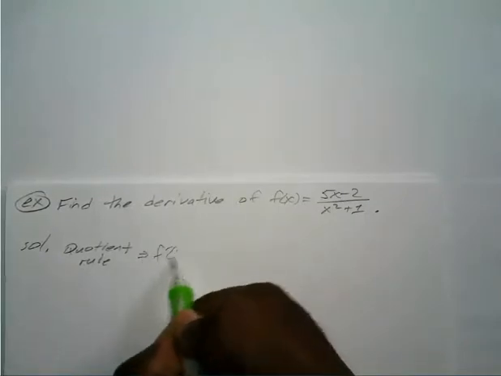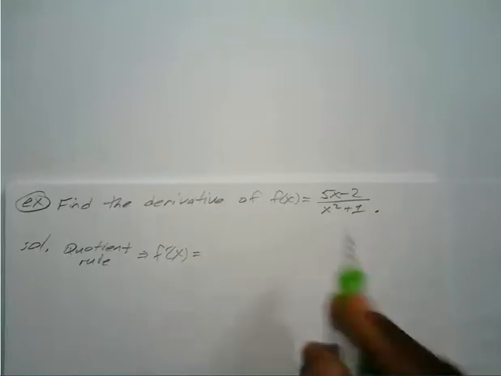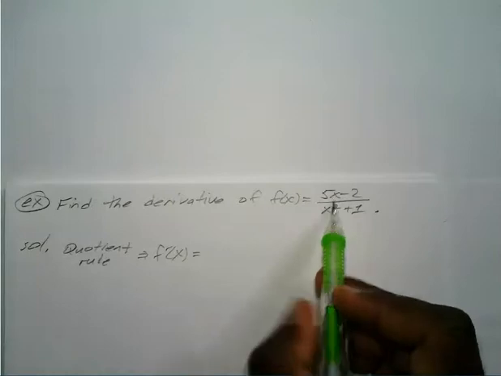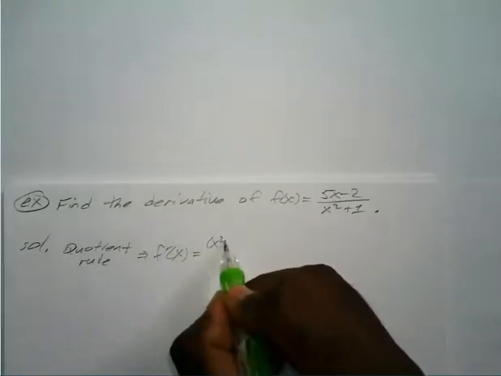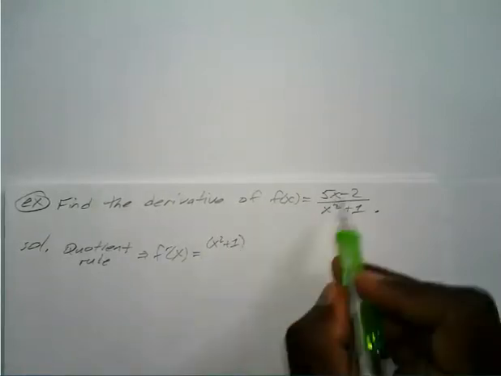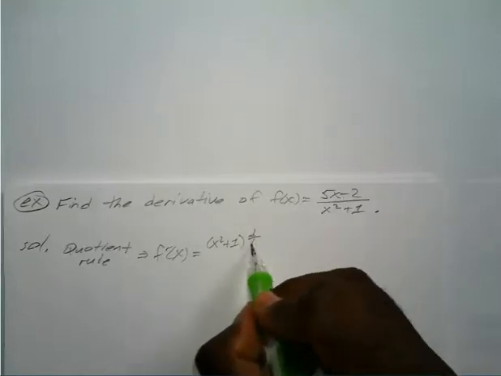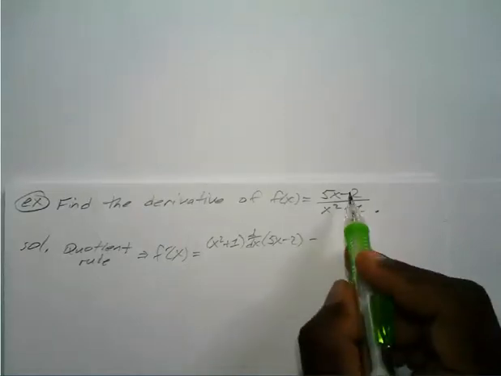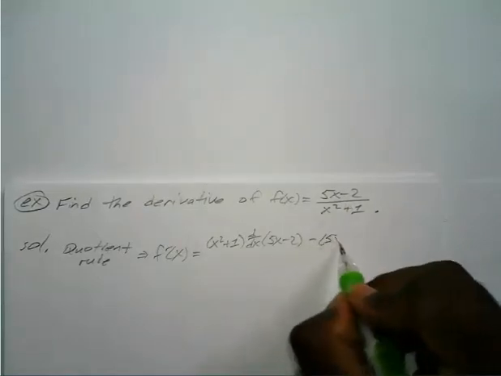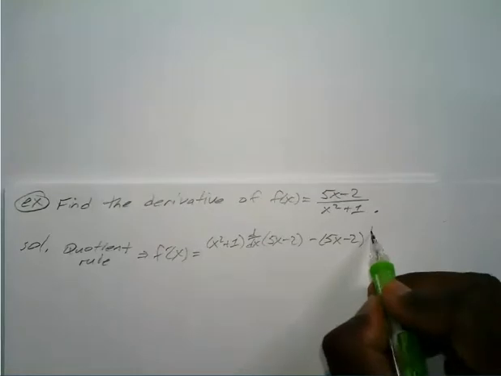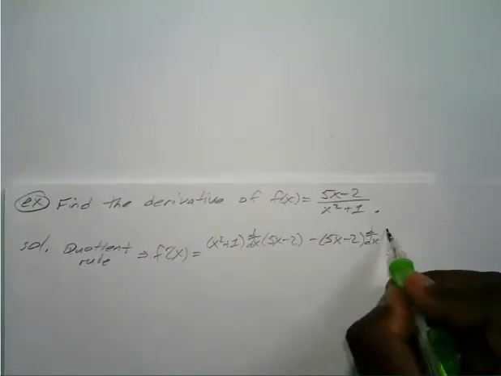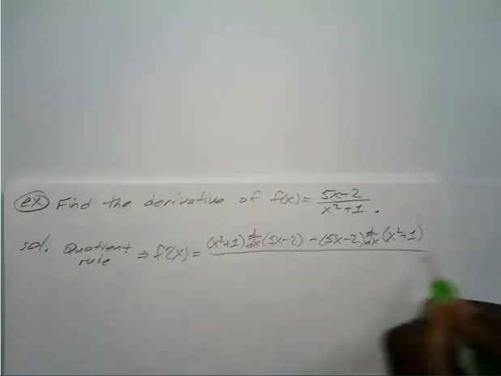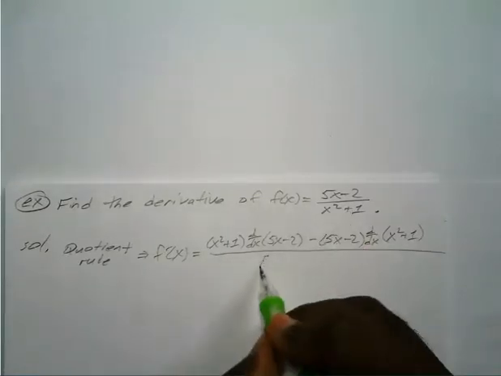Okay, so your f prime of x would equal your denominator. So you have x squared plus 1 times the derivative of your numerator minus your numerator times the derivative of your denominator all over your denominator squared.